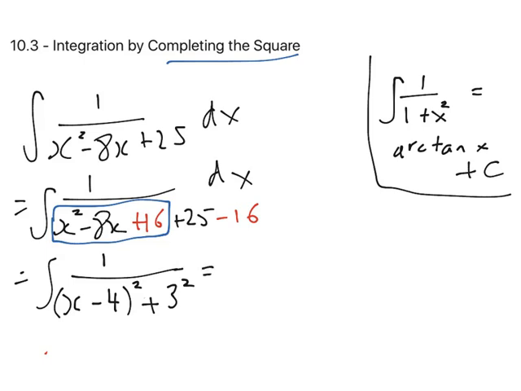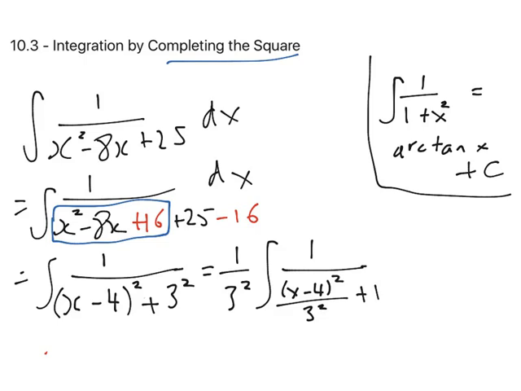This is also equal, I'm going to factor out a 1 over 3 squared. So that becomes 1 over 3 squared times the integral of 1 over x minus 4 squared over 3 squared plus 1, dx. The reason I do that is so that it looks more like our integral for arctan.